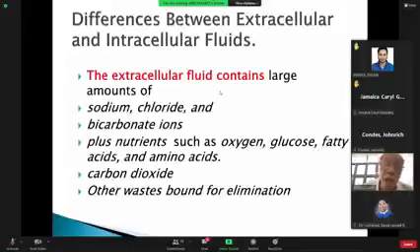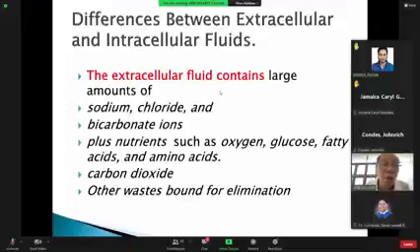Take note of that. There is a difference between ICF and ECF. If you look at the calcium content, there is a higher concentration of calcium in the ECF than in the ICF. But in reality, as I said, there is more calcium inside the cell, but it is sequestered only in the endoplasmic reticulum and sarcoplasmic reticulum.